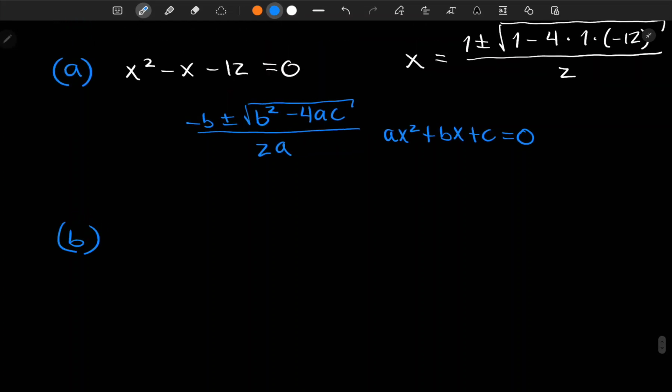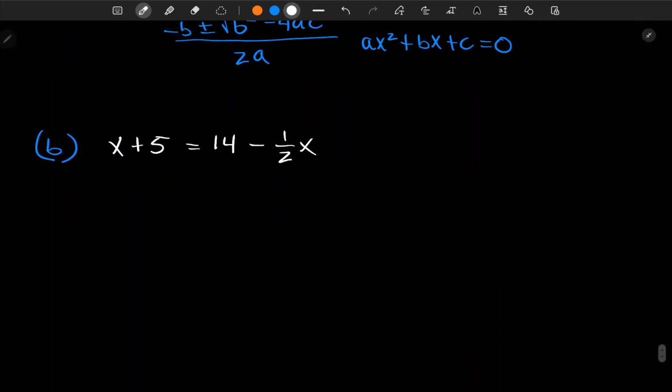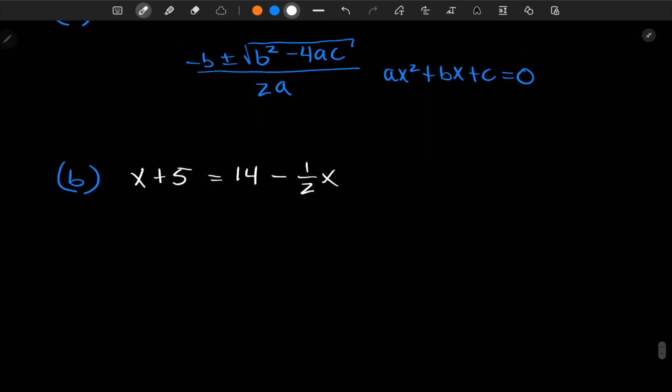As another example, this time without using the quadratic formula, you should be able to solve the equation x plus 5 is equal to 14 minus 1 over 2 times x. Well, what we want to do is get all of the x's on the same side. So let's add this negative 1/2 times x onto the left side. So this becomes 3 over 2 times x plus 5 is equal to 14. We then subtract the 5, so 14 minus 5 is 9.